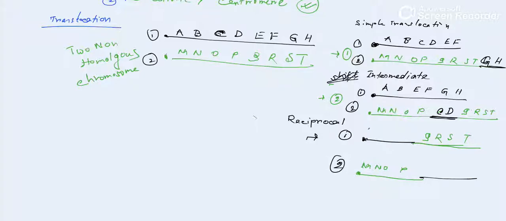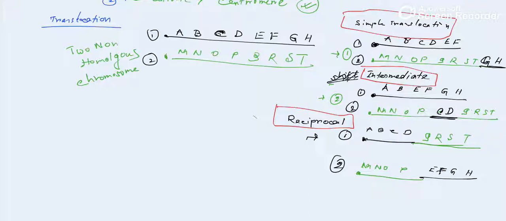In a similar way, the ABCD part is present in chromosome 1, but EFGH is deleted from the first chromosome and remains attached with the second chromosome.